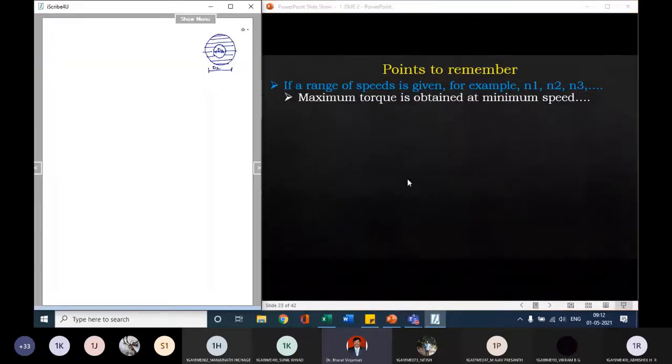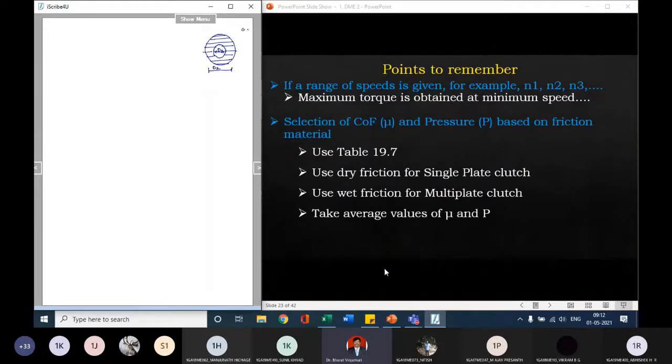selection of coefficient of friction as well as pressure. If he has not given both the values, mu is not given in the numerical and pressure is not given in the numerical, then you will be making use of table 19.7. In table 19.7 you will be selecting dry friction for single plate clutch, wet friction for multi plate clutch.